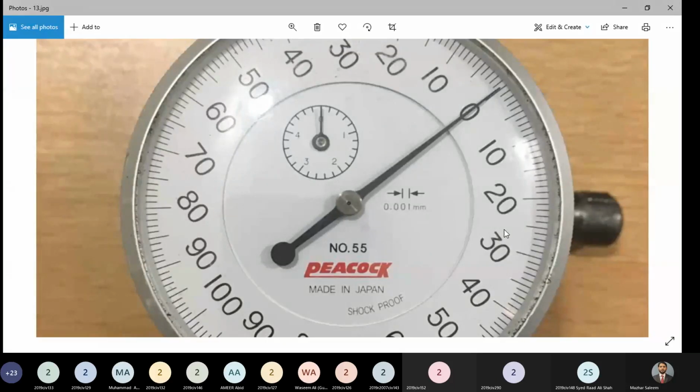So the way this instrument has been designed, when it is measuring elongation, the needle moves in this direction, and when it is measuring contraction, it moves the other way.